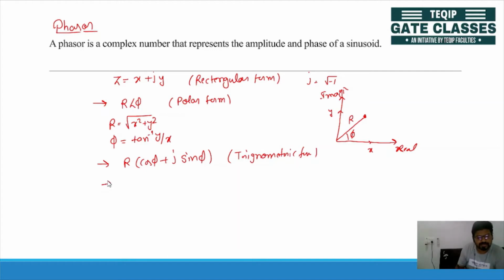And we can also represent it in exponential form, r e to the power plus minus j phi. Okay, where this r is the same, that is under root x square plus y square, and this phi is tan inverse y by x. Okay, this is exponential form.